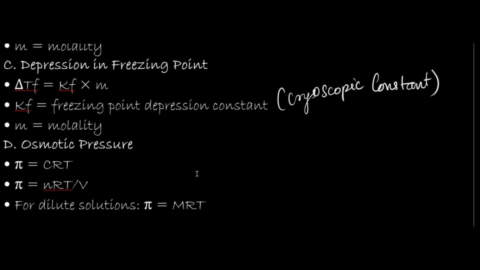And finally we have osmotic pressure. Osmotic pressure is represented by pi, which is equal to CRT. R is the gas constant, C is concentration, and T is temperature.